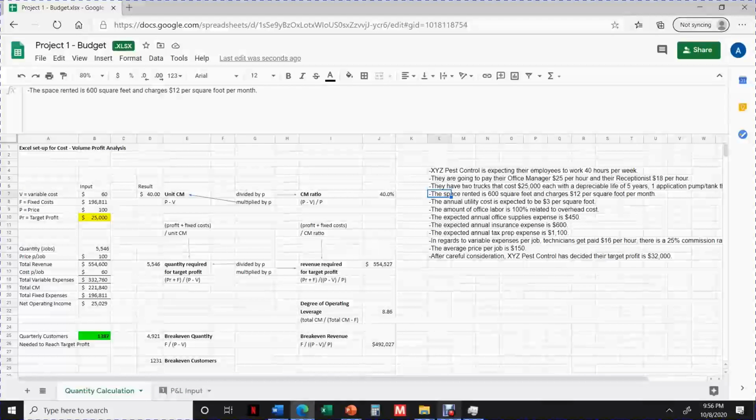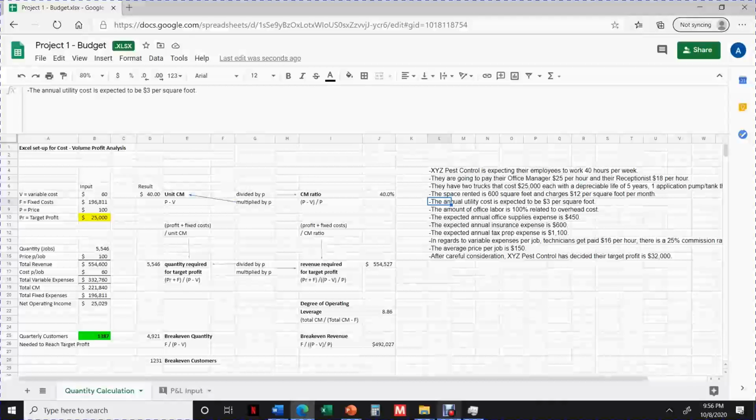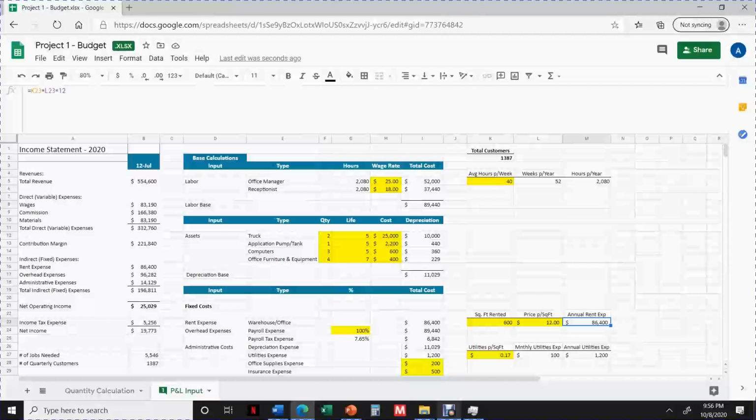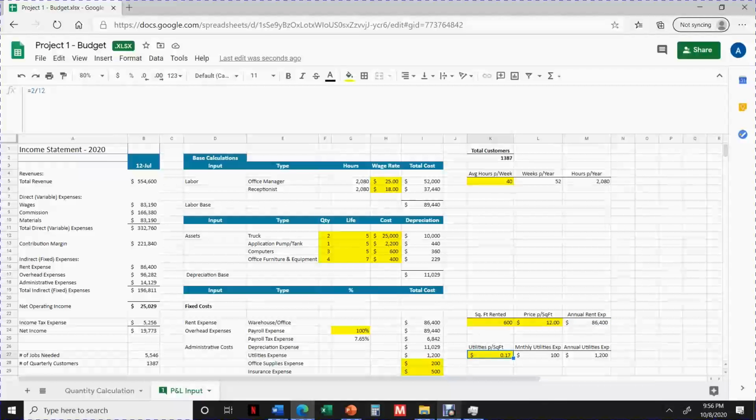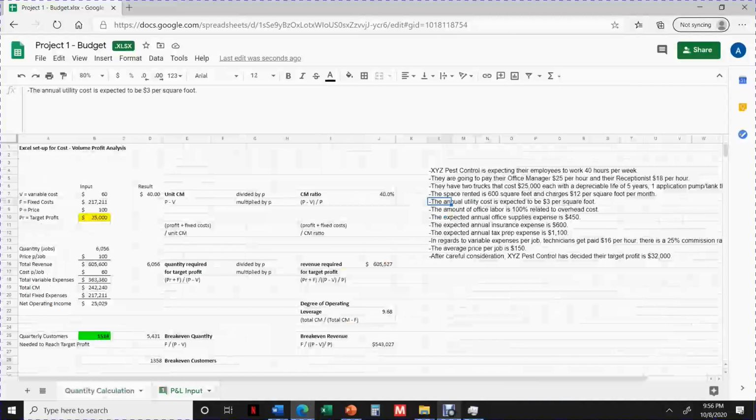The annual utility cost is expected to be $3 per square foot. Let's hop back over. Wow, we must have moved to a good location. It jumped up that high. All right, looking good.